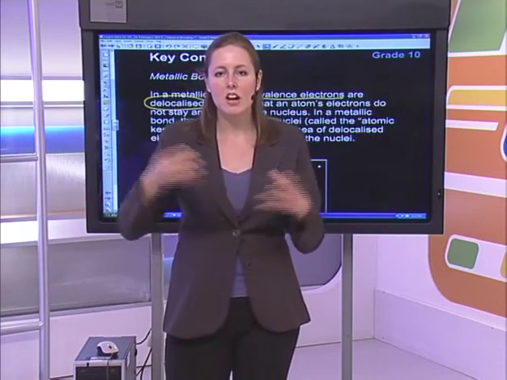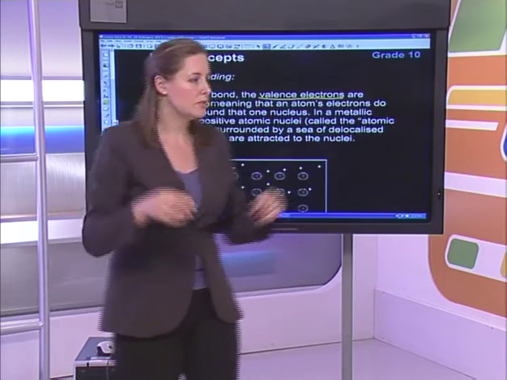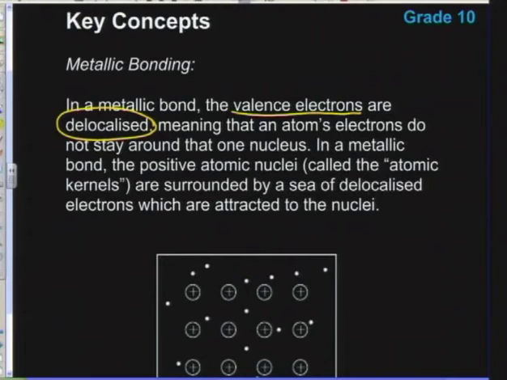If you buy local, in your area, within that space is everything local. Now, if something is delocalized, it means it's free to move. It's not in a specific orbital, but it's now free to move around, meaning that the atom's electrons do not stay around that one nucleus.